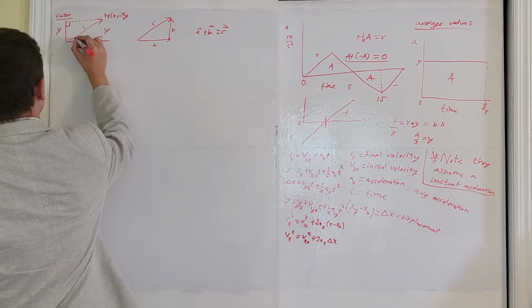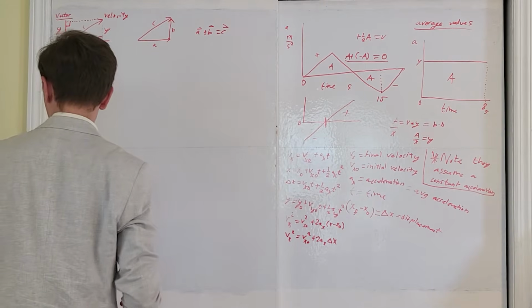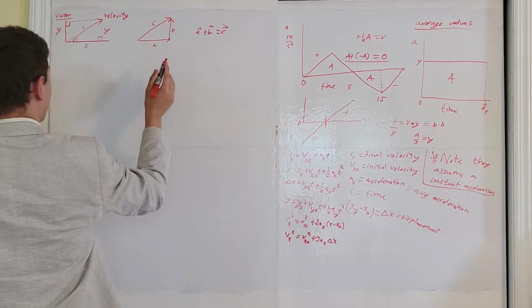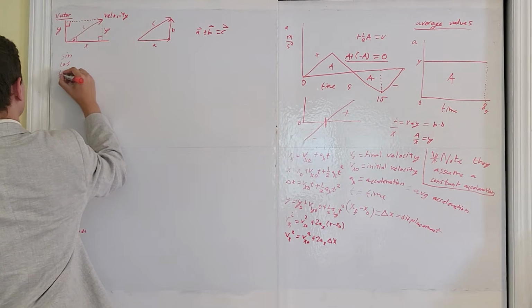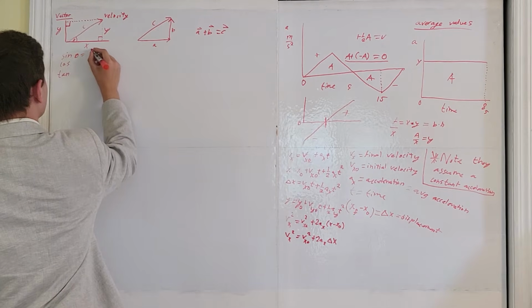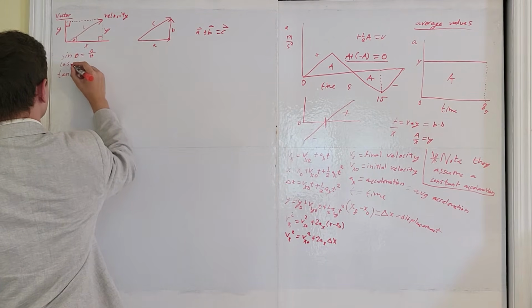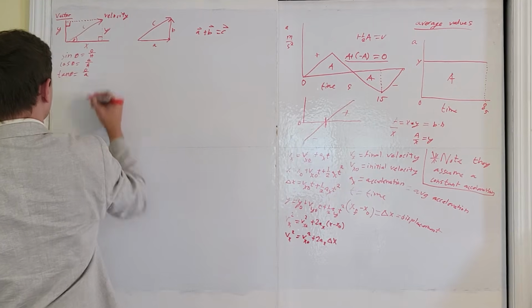All right, and I would be given an angle, in this case, theta. All right, we are going to whip out our sine, cosine, tan functions. Remember SOHCAHTOA? Sine of theta equals our opposite over our hypotenuse. Cosine of theta equals our adjacent over our hypotenuse. Tan of theta equals opposite over adjacent.